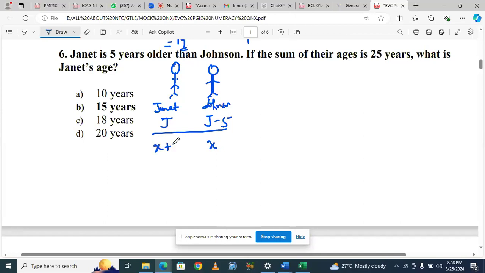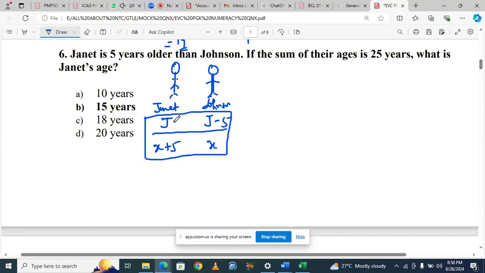X plus 5. Do you get it? So there are two approaches, and they give different equations altogether. So please take it word by word and try to understand it.